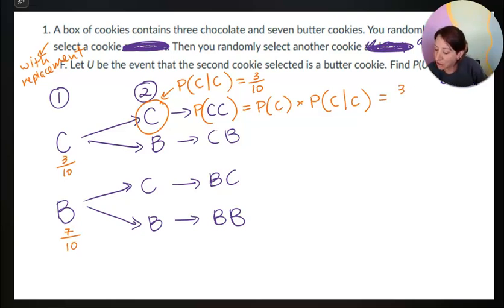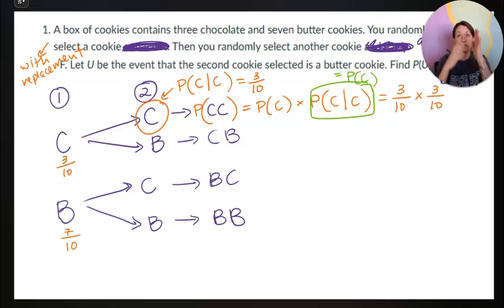In this case, those probabilities stay the same from trial to trial. In other words, this is equal to that initial probability. We haven't changed anything from trial to trial. So if we do it that way, we would get 9 out of 100 for that probability.